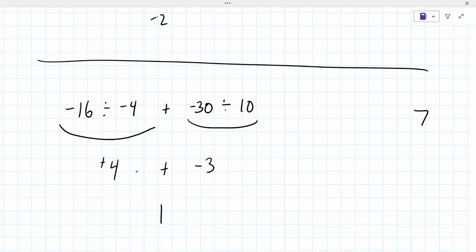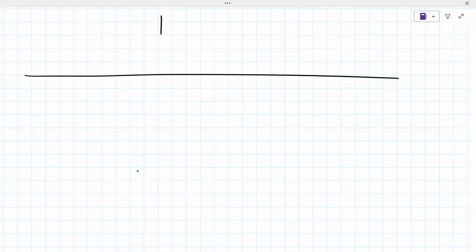Okay, agreed. All right, let's have you try one more before we move on to this other type. -20 divided by -5 plus -3 times 2.